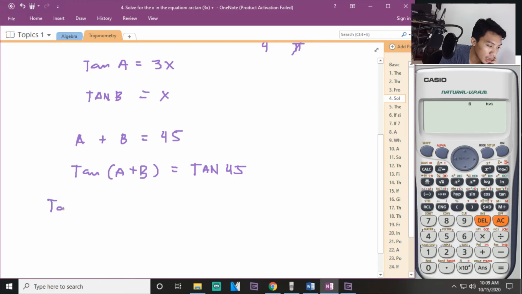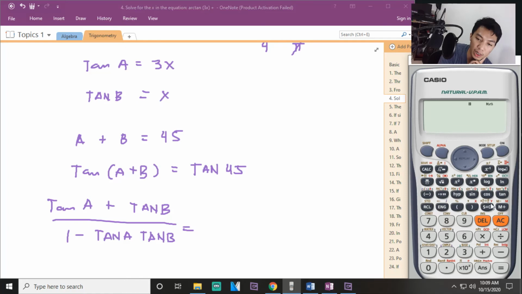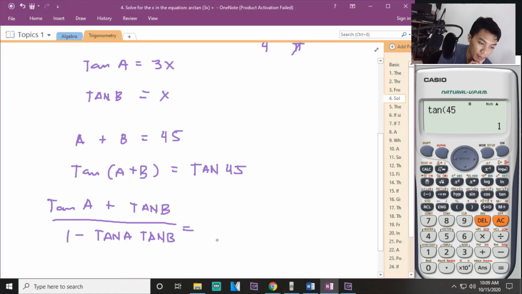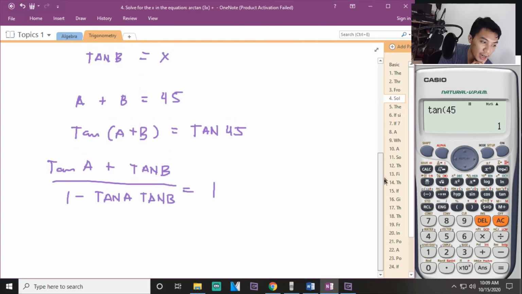So, tangent A plus tangent B over 1 minus tan A tan B. And since tangent 45, let's check, I know that is equal to 1. So, equal to 1. So, we can now substitute the value of tan A and tan B.